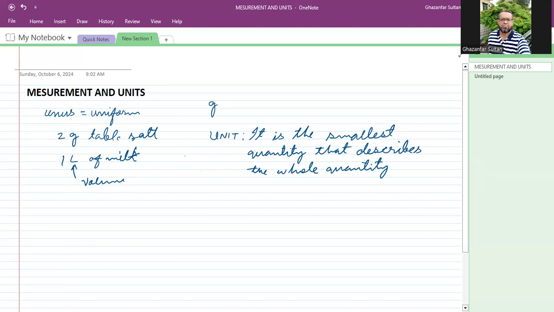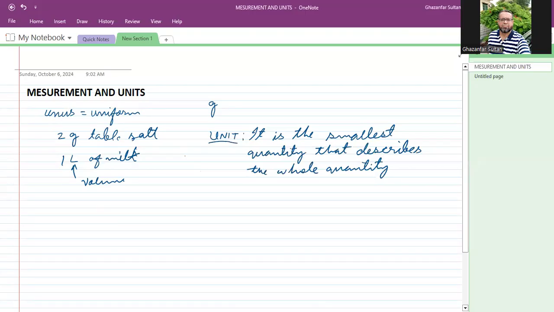So it is our standard that any unit, for example, gram, liter, or anything else, describes the whole quantity, but we show it as a small quantity. So the small quantity that describes the whole quantity is called a unit.